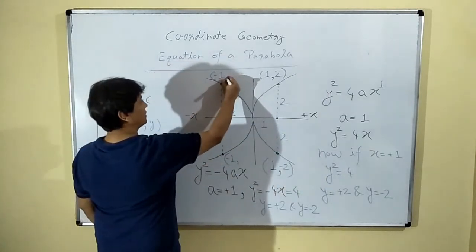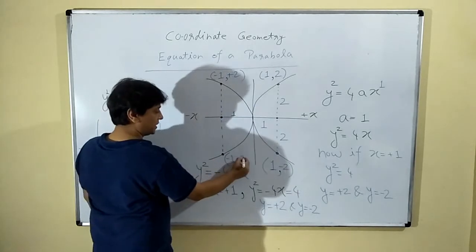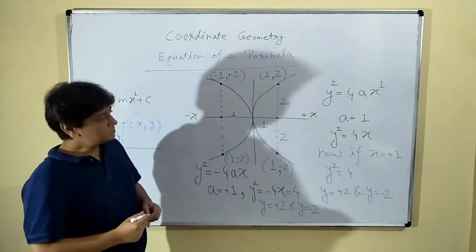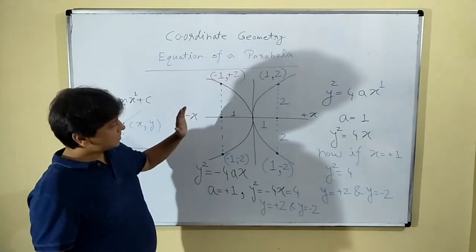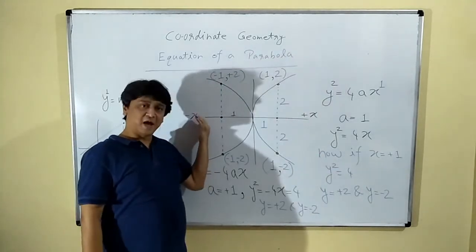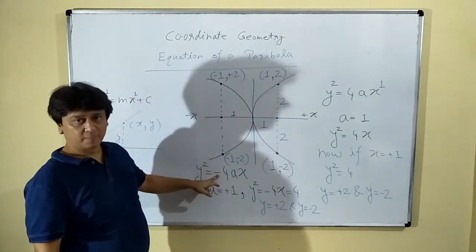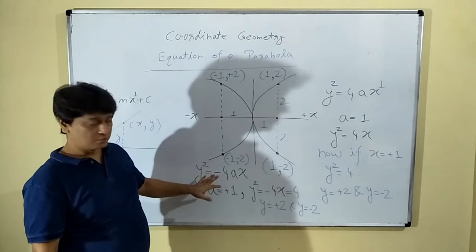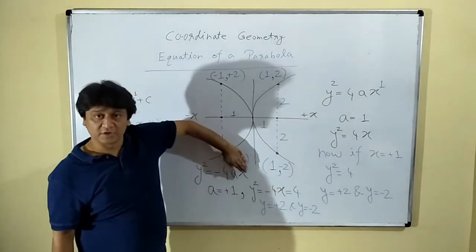So you're getting plus 2 and you're also getting minus 2. When parabola opens up towards minus x-axis, we use this negative sign just to make the whole right hand side positive.